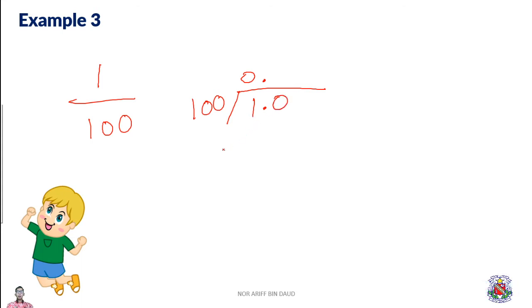Did you find the number 10 in the times table of 100? We don't find any number 10 in the times table of 100 because the numbers start from 100. So if 10 is not found, you may put a 0 here.